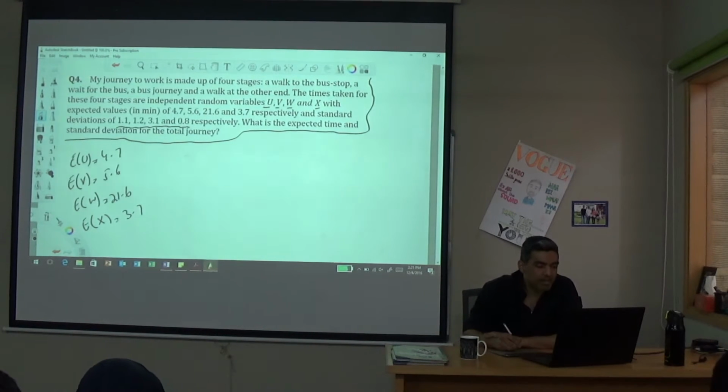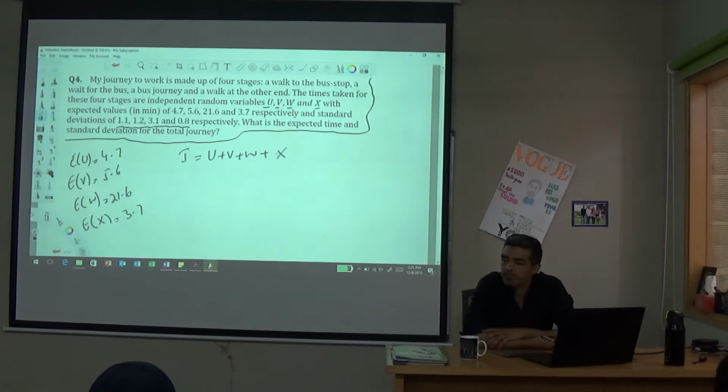So for the expected time of the total journey, let's call the total journey j, and j is basically u plus v plus w plus x. So I'm calling the total journey time a random variable j. It's a sum of all 4 stages.